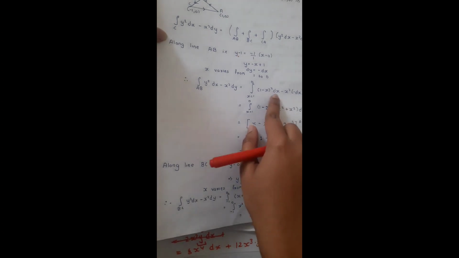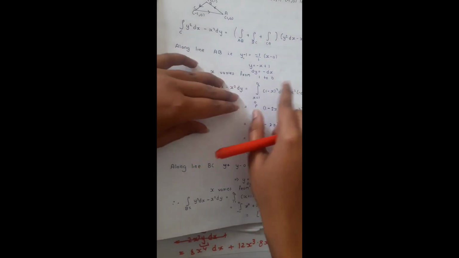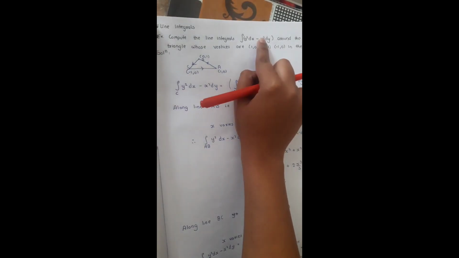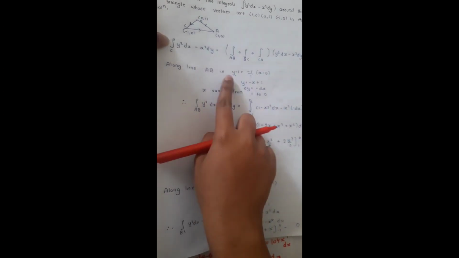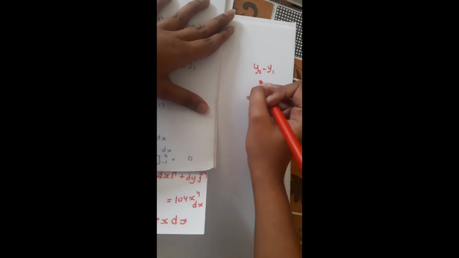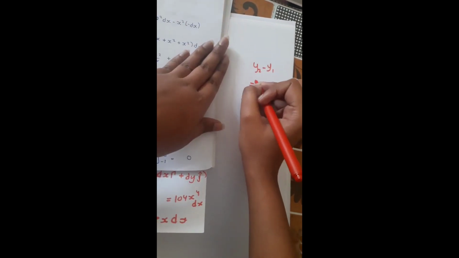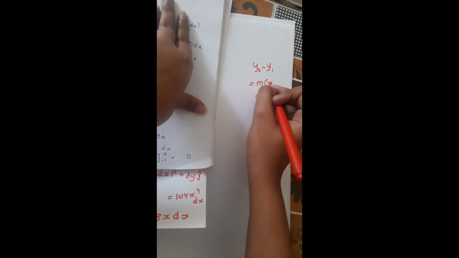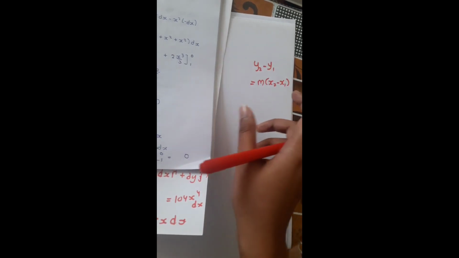Then you can convert this equation into only x or only y. So first of all, you get the equation of line AB by using this formula. How do you calculate the slope?